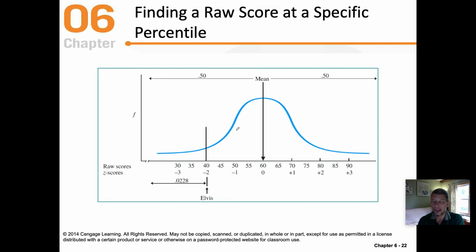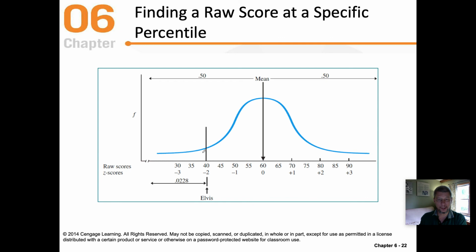So a raw score of 40 corresponds with a z-score of -2. What does that mean? At two standard deviations below the mean, there's only 2.28% of the population, or the sample in this case, below that score.